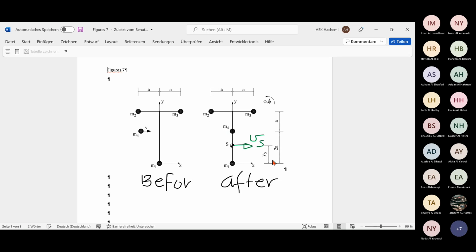If we look at the position with respect to the XY coordinate system, the origin we put at the mass M1. Then we have here Y S, the position of the centroid, and it's given that the distance for M4 is 2A, and the distance of M2 and M3 is given by 3A.